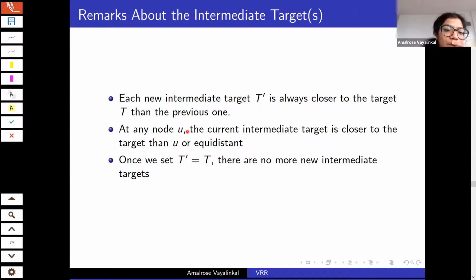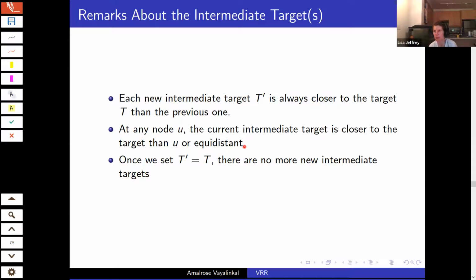And the only time we don't change to U is if U is equidistant, because the condition was that the distance was smaller, right? But if U and the current intermediate target are equidistant from the target, then we would not change because there's no benefit to changing. And hopefully this makes sense so far.